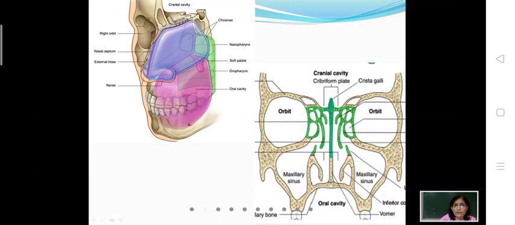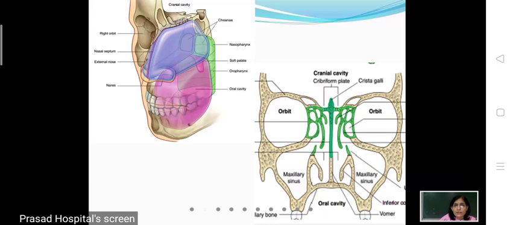How is it formed? In the middle, it is horizontal and it is formed by the cribriform plate of ethmoid. Anteriorly, this sloping anterior part is formed by the nasal spine of frontal bone. This is the frontal bone.